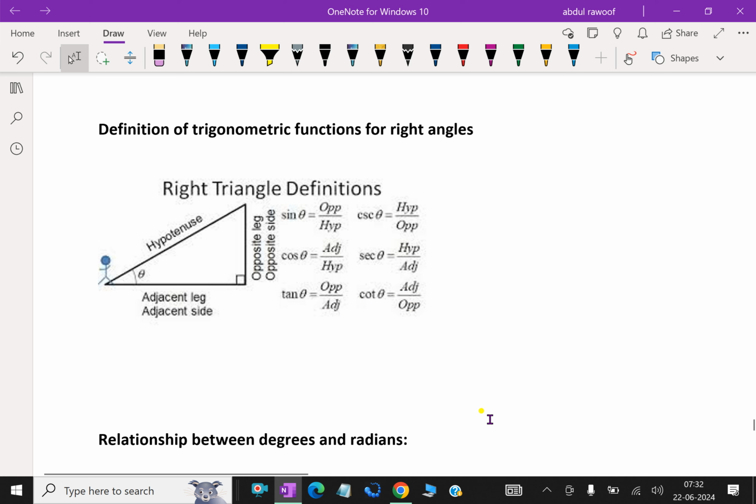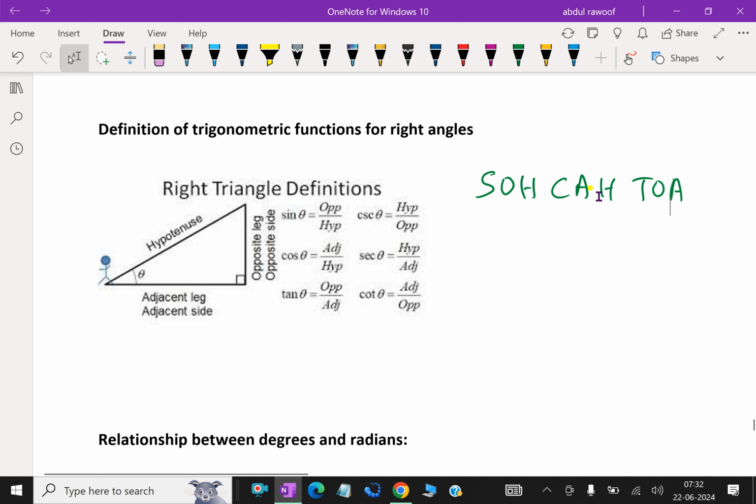Here we have to remember this with a simple slogan: SOH, CAH, TOA. So, sine is opposite by hypotenuse.